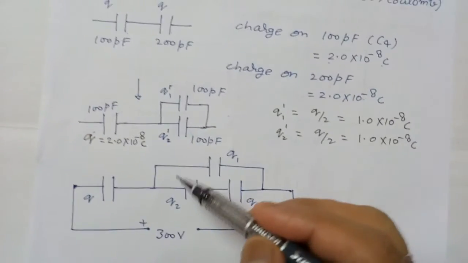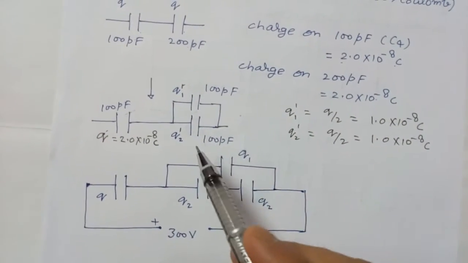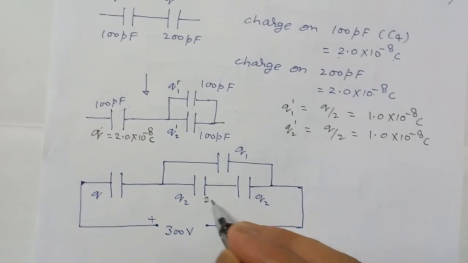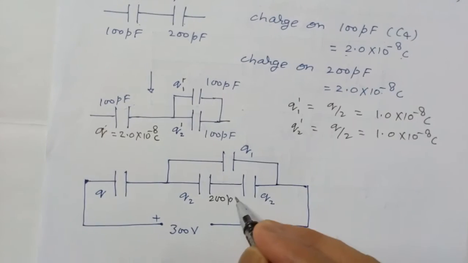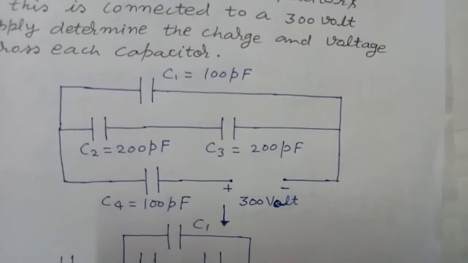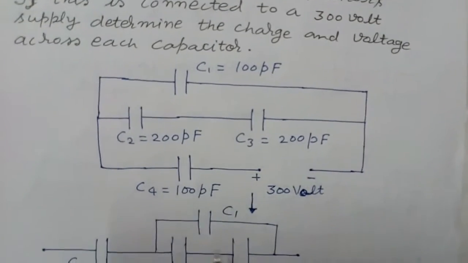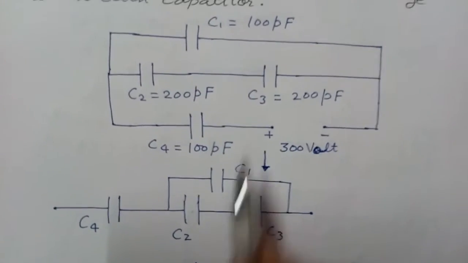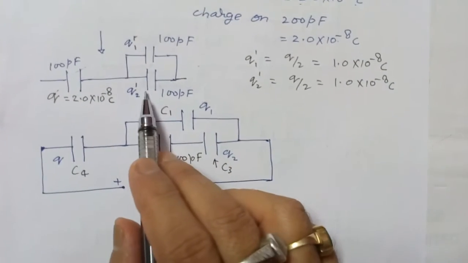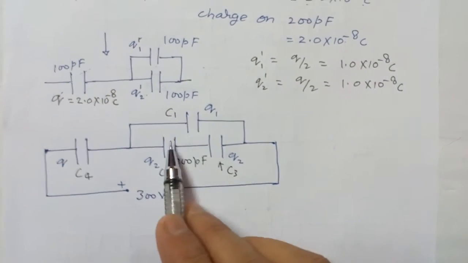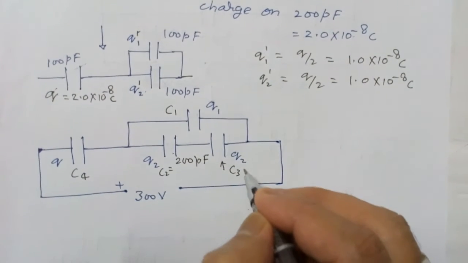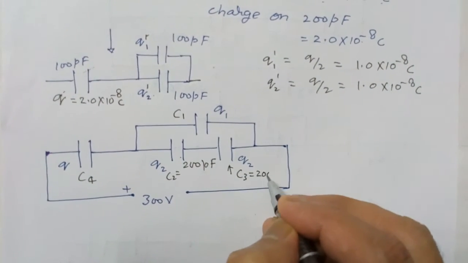Now this is our original network. You divide this 100 picofarad into two parts, 200 picofarad, because our original network is this or this. So this Q2 dash will be the same in this 200 picofarad and in this 200 picofarad because they are in series.